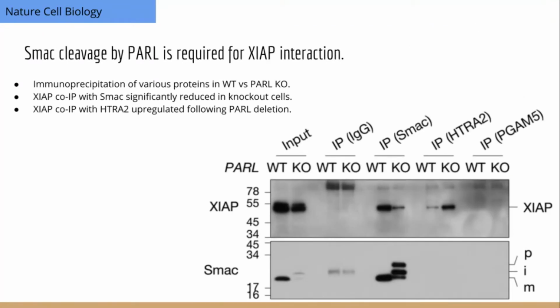So just to hammer home this idea that Smac is not getting into the cytoplasm when PARL is mutated, they showed that Smac's primary interacting partner, which is XIAP, is not interacting with Smac when PARL is knocked out. So let's just focus on this one right here.